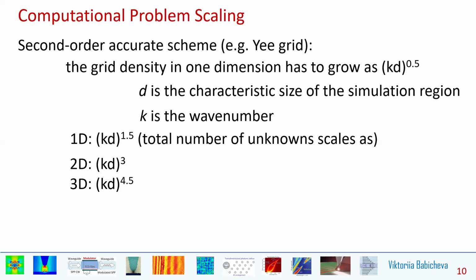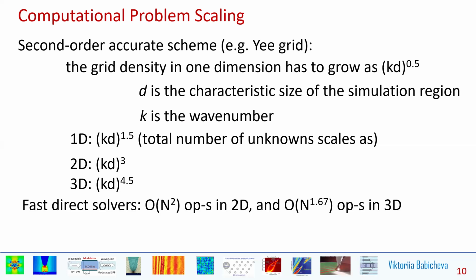A fast direct solver also exists to solve the matrix system resulting from differential equations. We can solve the sparse matrices in the order of n^2 operations in two dimensions and the order of n^1.67 operations in three dimensions in our case.